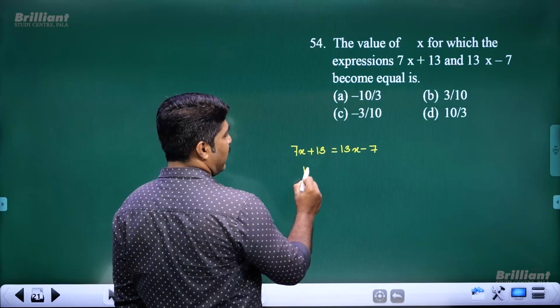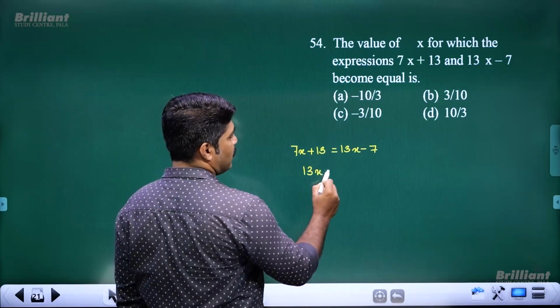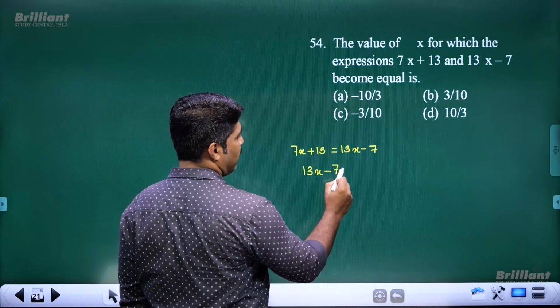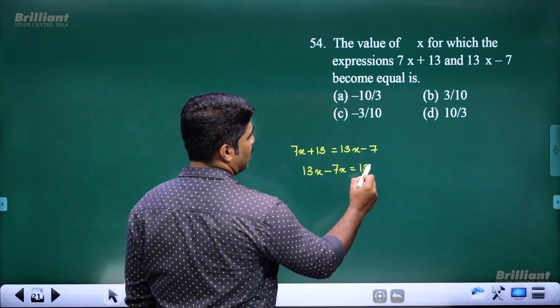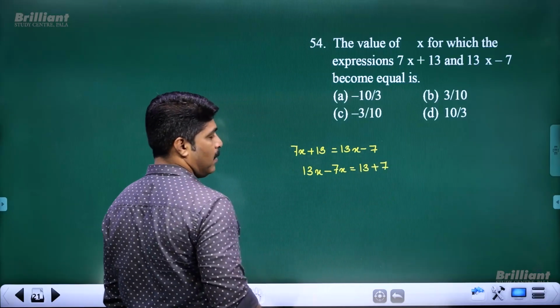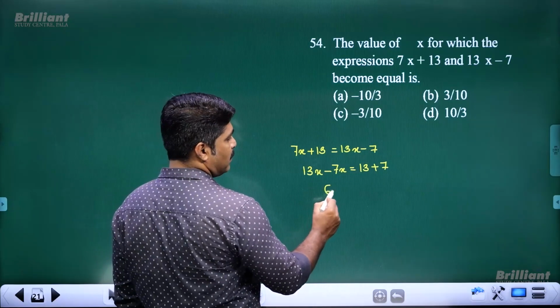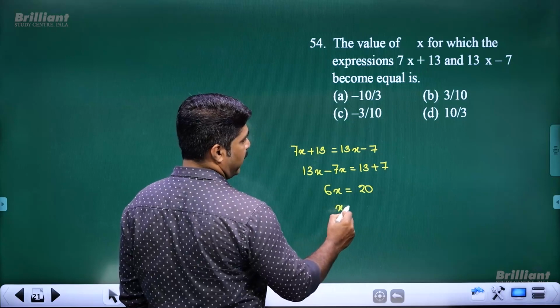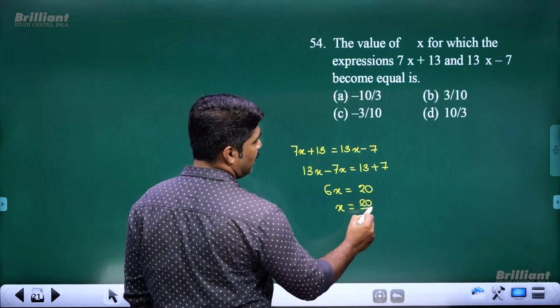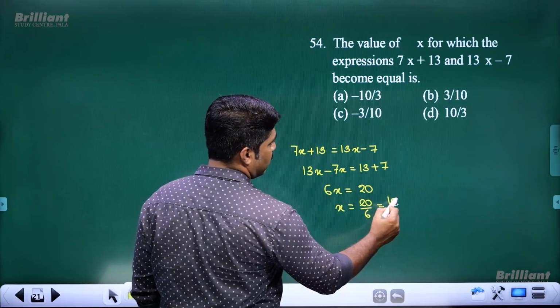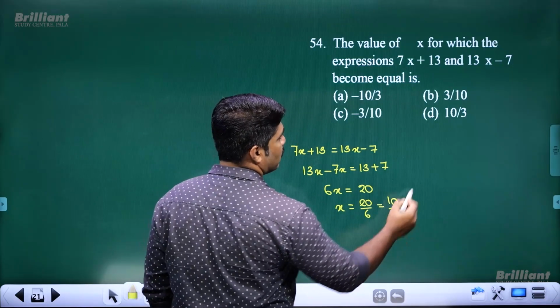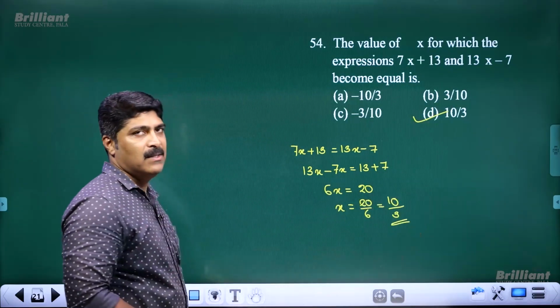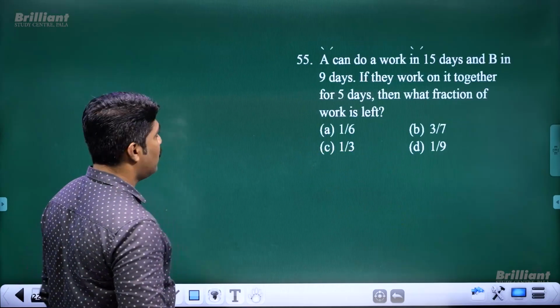So we can take this towards the right side, 13x minus 7x, and this is 13 plus 7. So what is the difference here? This is 6x, that's equal to 20. Therefore, x equals 20 by 6, which is equal to 10 by 3. So the answer is option D. So that's a direct simplifying type question.